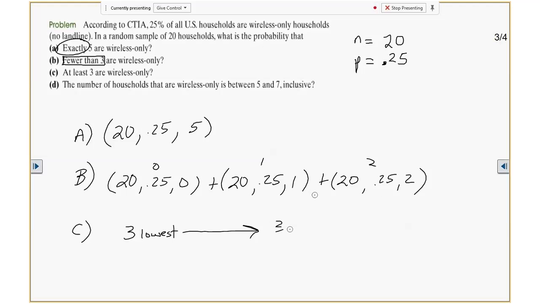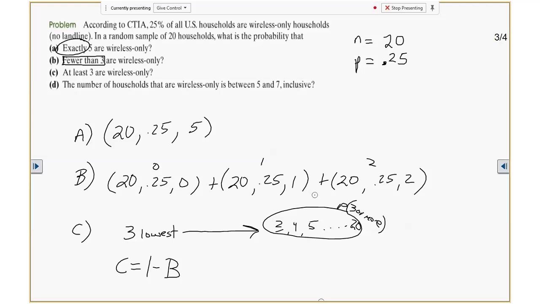This is 3, 4, 5, and so on, right? Probability of 3 or more, right? So if we want the probability of 3 or more, and we just did 0, 1, and 2, then we take B. C is equal to 1 minus what? B. Or you could calculate up to 20 if you wanted to. So knock yourself out if you want to do all those.